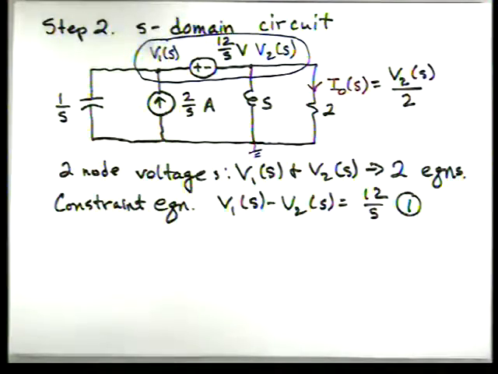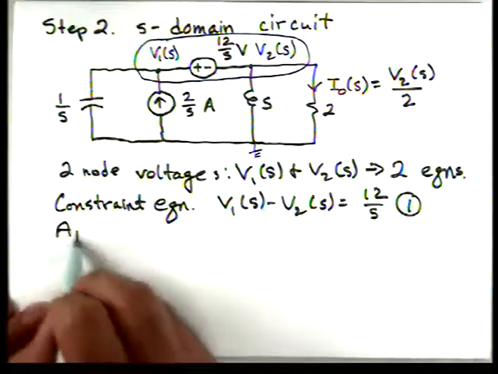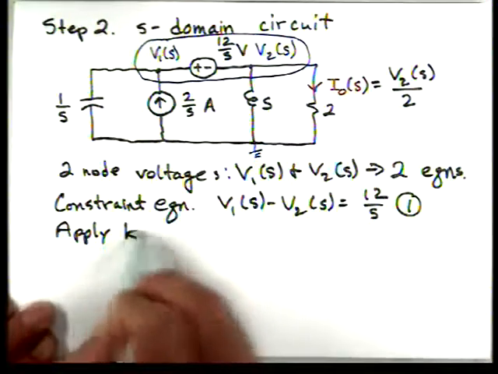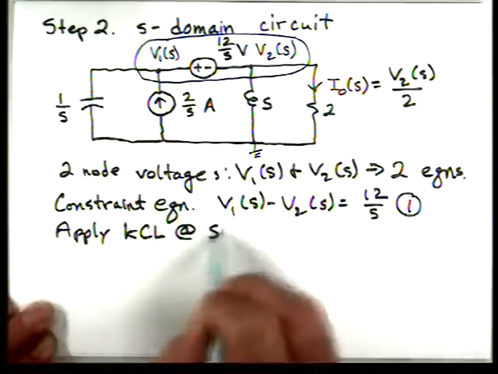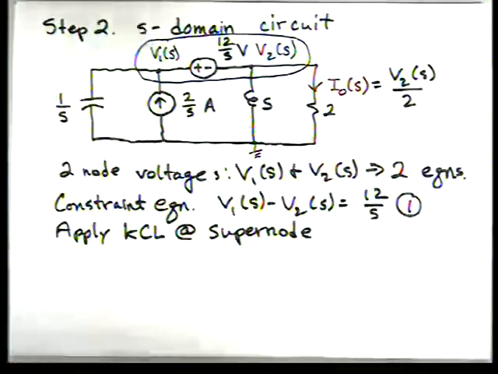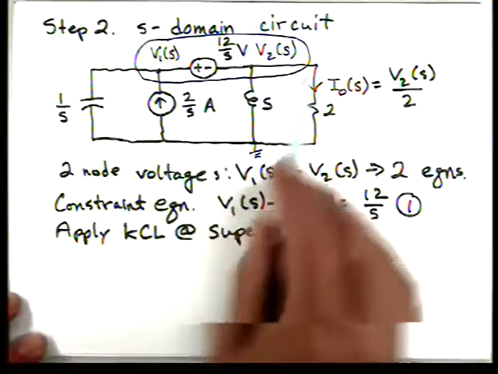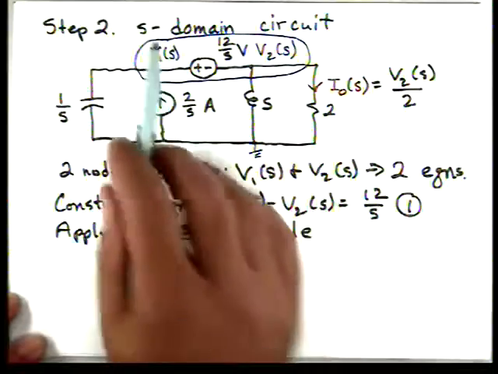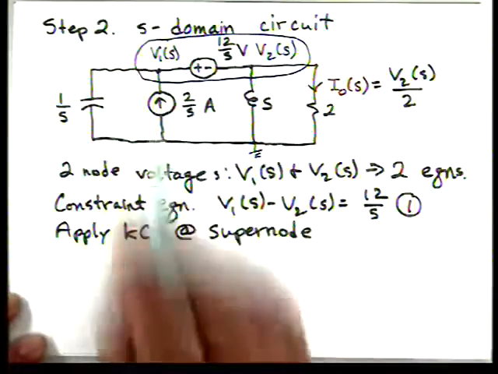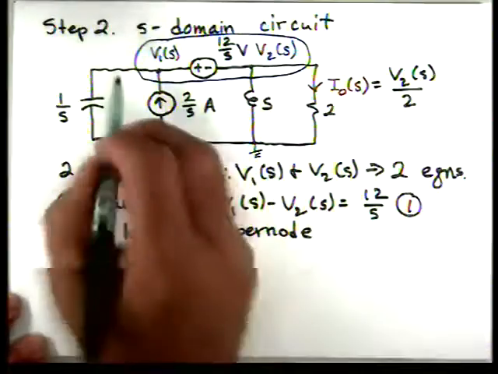Now, our second equation we're going to get by applying KCL at the supernode. And the supernode is shown by this blue boundary here. So here's the supernode, and what we'll do is sum currents leaving the supernode.